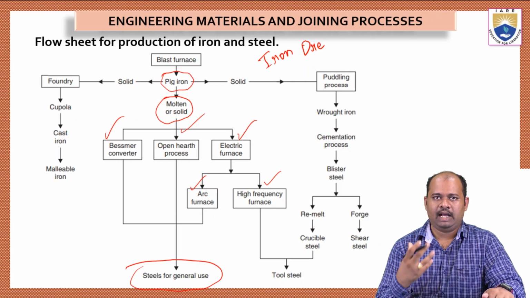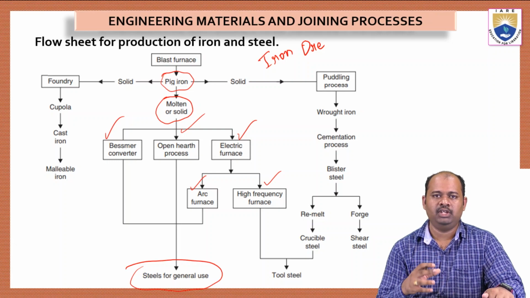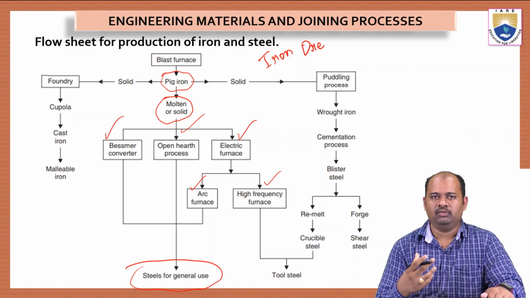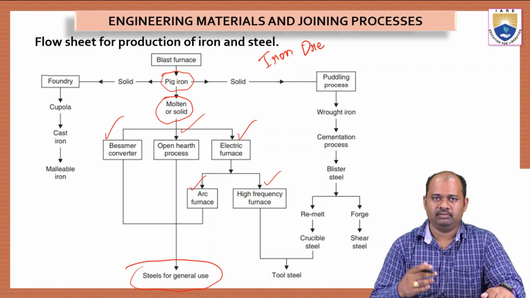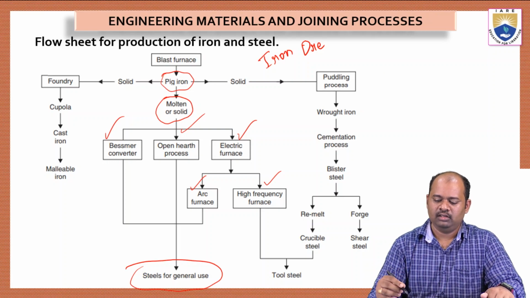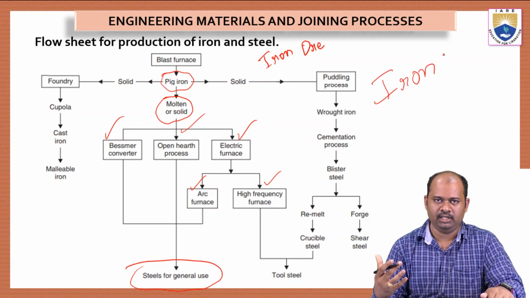That means the iron which is processed in this high frequency furnace can be used as a tool for cutting other metals. We are taking pig iron as a raw material here.